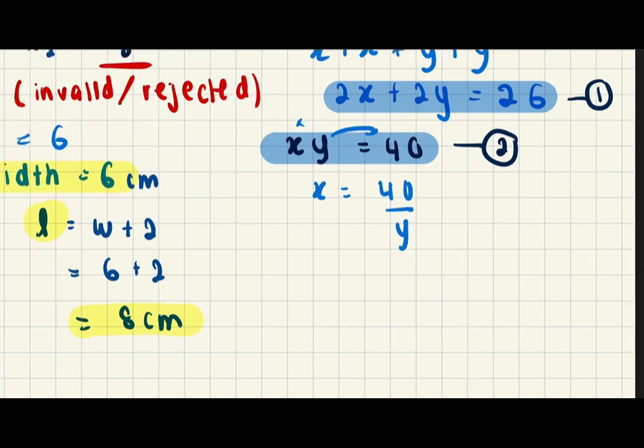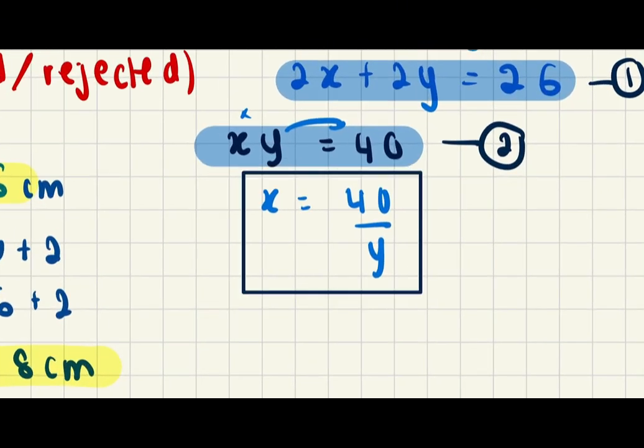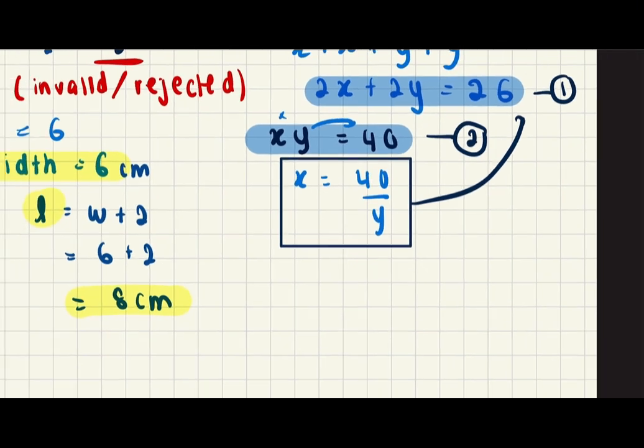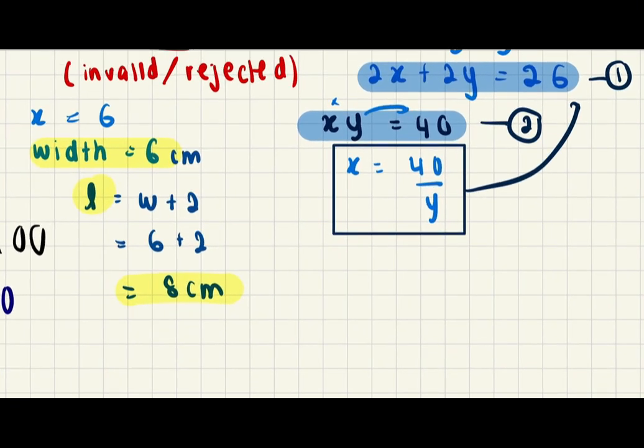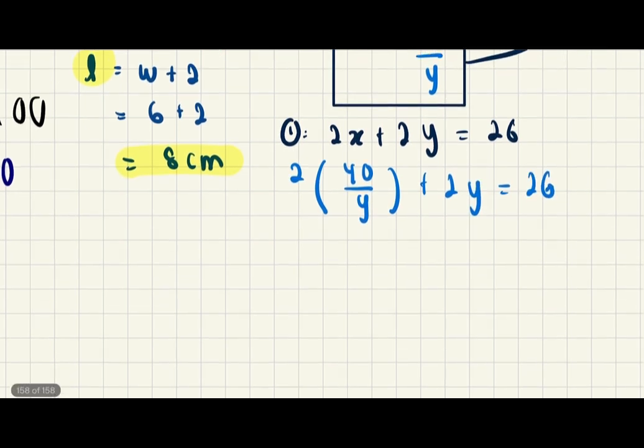Now take equation 1, 2x plus 2y equals 26, and instead of x, put 40 over y: 2(40 over y) plus 2y equals 26. Now you have only y in the equation, so you can find y.